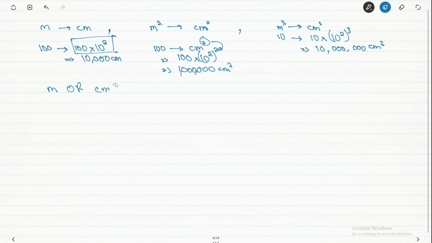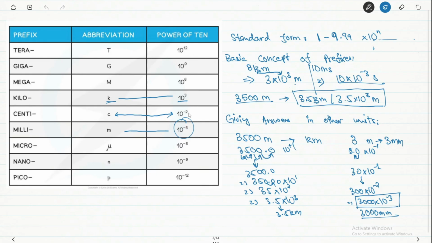The bigger value is meter. So 100 meters would result in a bigger value in centimeters, right? So this is the easy way to do it. Otherwise, you can just do it the other way around with abbreviations and convert this power to a different sign.